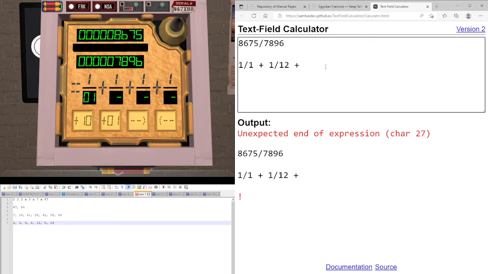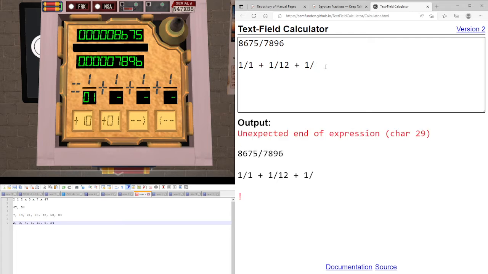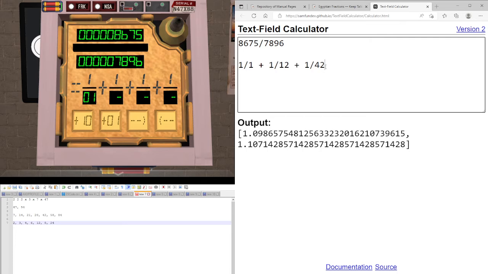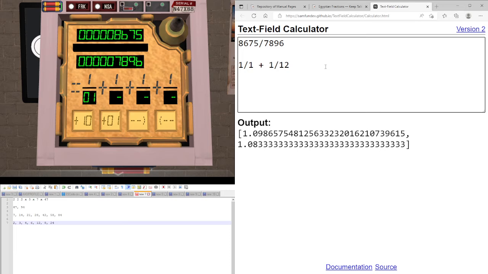I feel like 14 will be too much. Yeah. 21? Too much. 28? No. 42? No. 58. Okay, so I'm starting to think that the 12 here is too big.